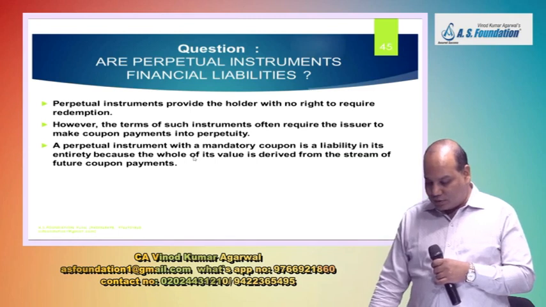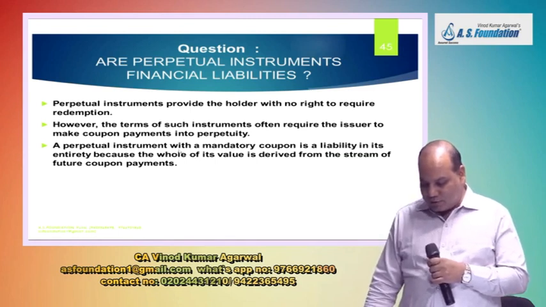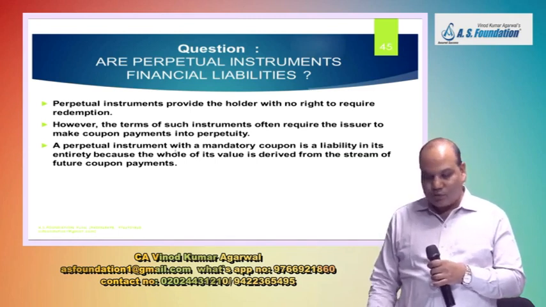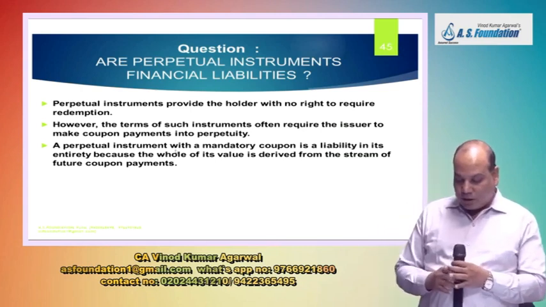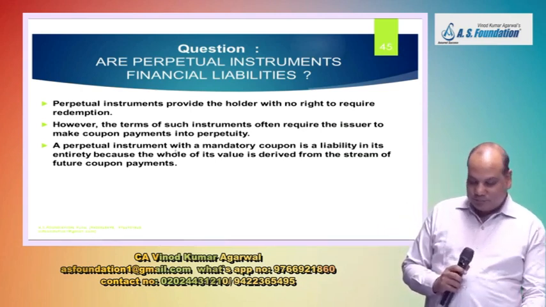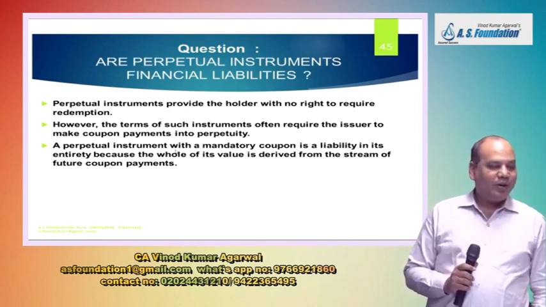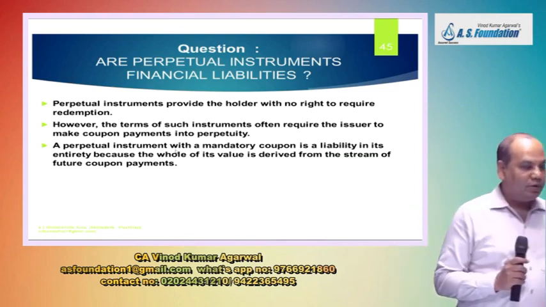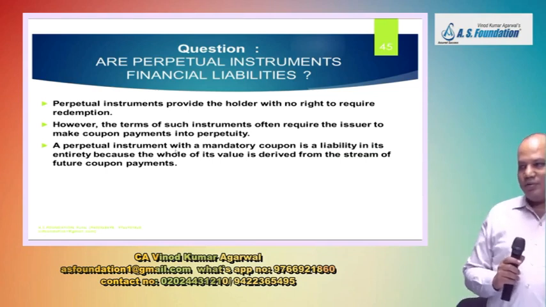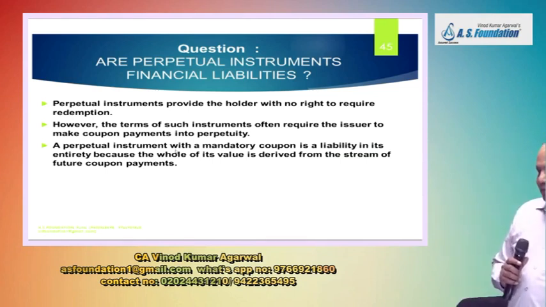So write down the answer. This line you write down, third line. First two lines are printed. A perpetual instrument with a mandatory coupon. Mandatory, underline, because the answer will change if it is discretionary.